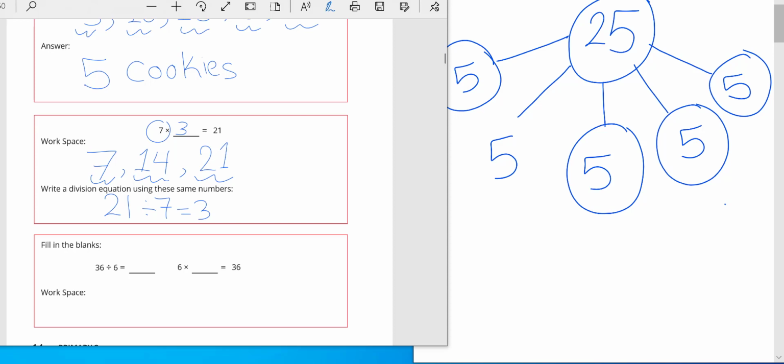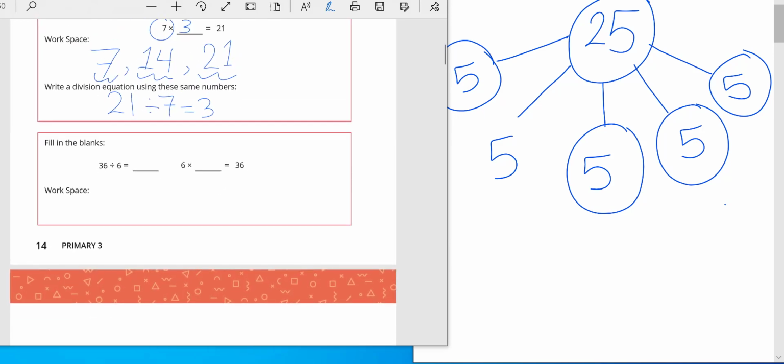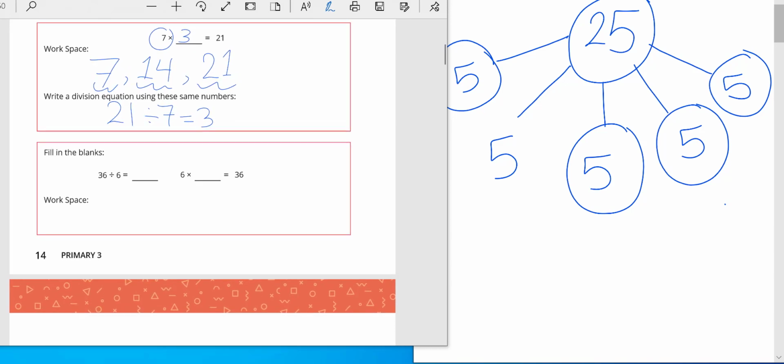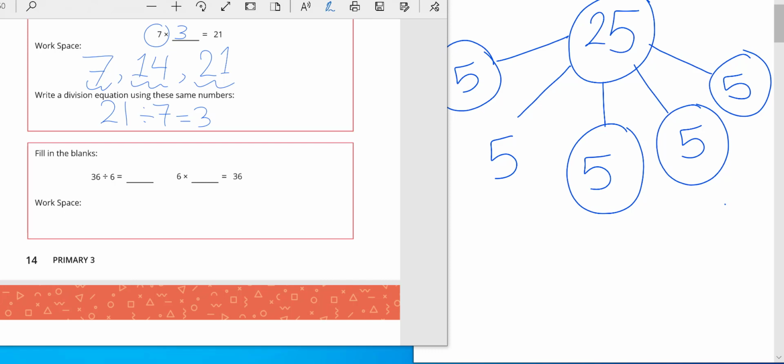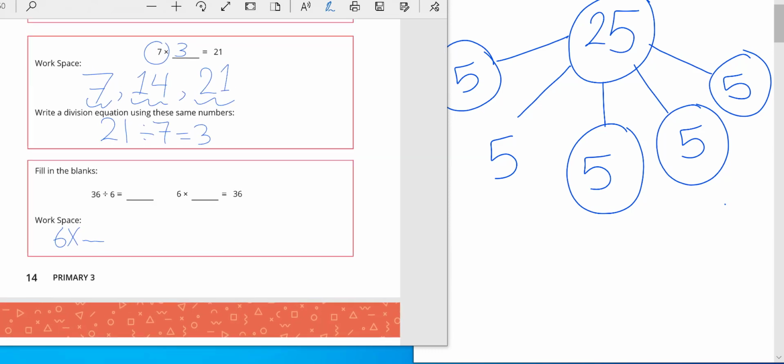The third question, fill in the blank. Okay, 36 divided 6 equals what? We can use multiplication operation. So 6 times what equals 36?